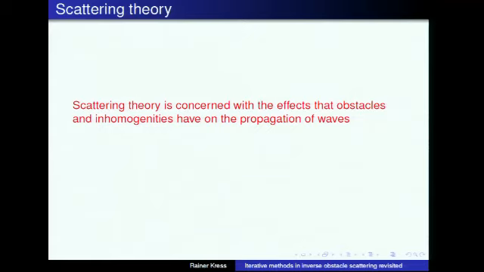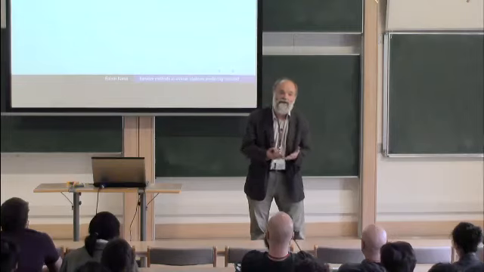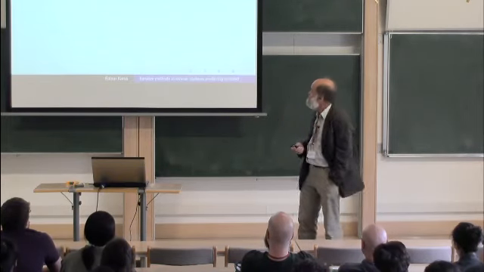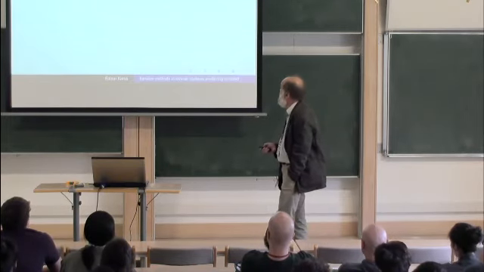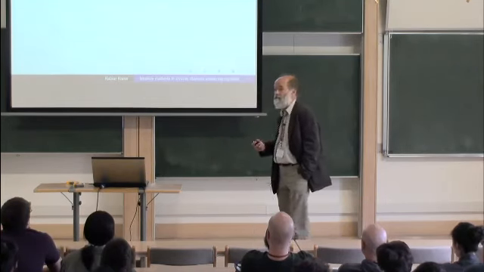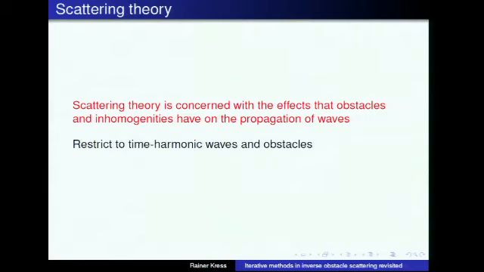Okay, we first should clarify what scattering theory is. Scattering theory is concerned with the effects that objects, obstacles, or inhomogeneities have on the propagation of waves. And from the huge amount of possibilities here, we make two restrictions today.